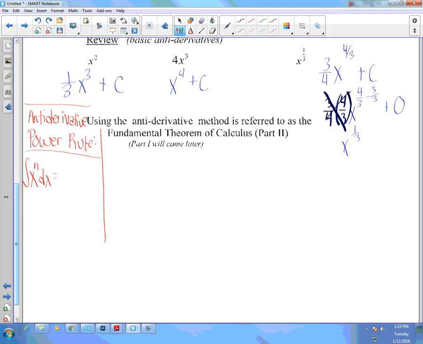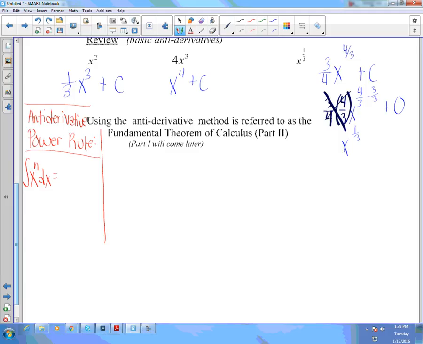A 3 in the denominator: x cubed. What becomes the denominator that cancels out? 4. It was 4 over 4. This one's 1/3. So these two are really close.